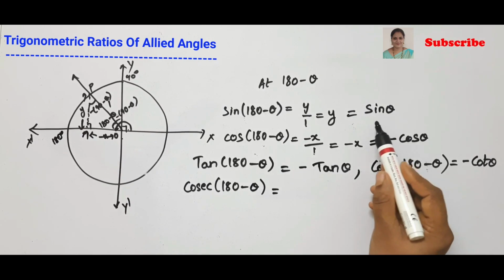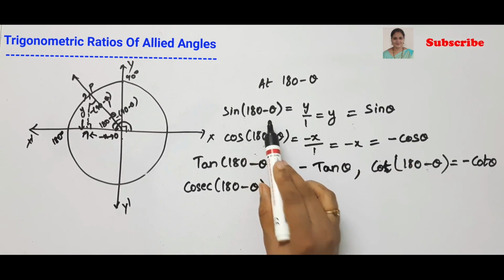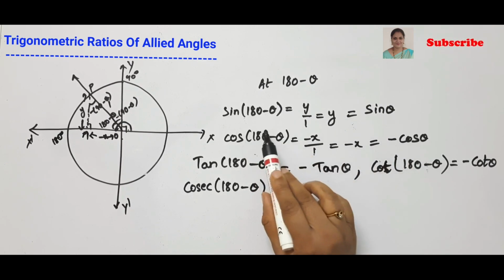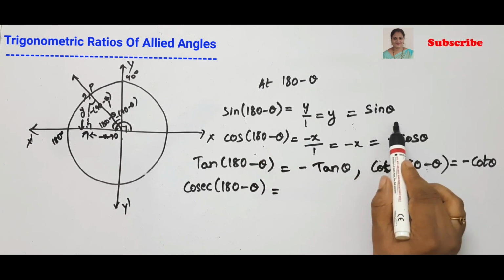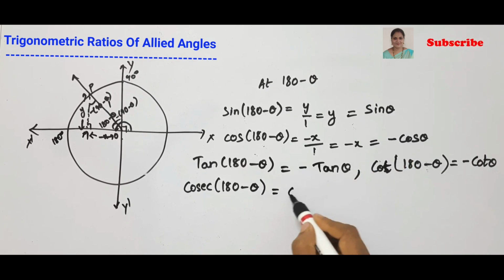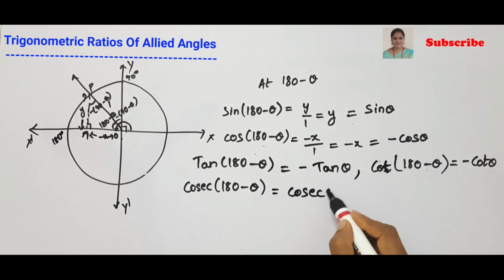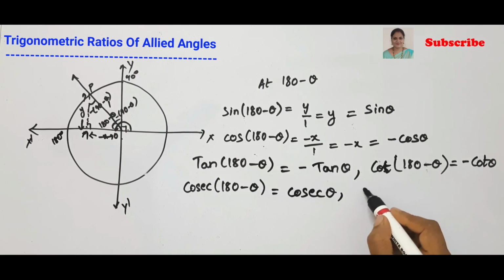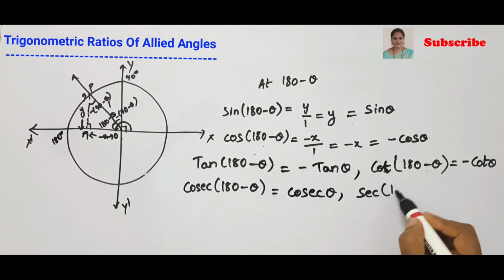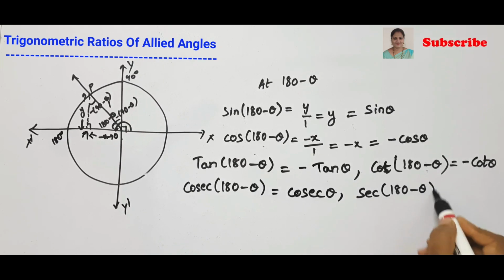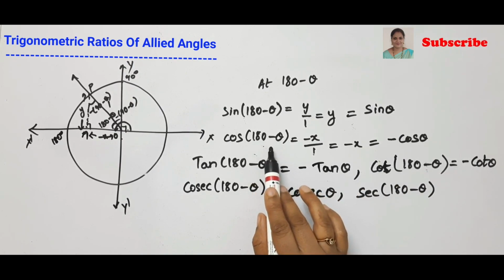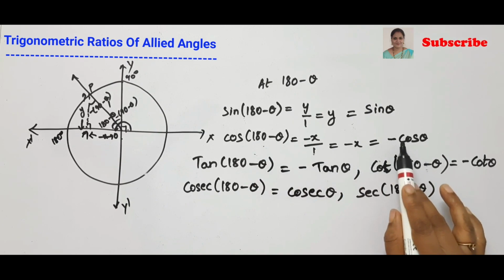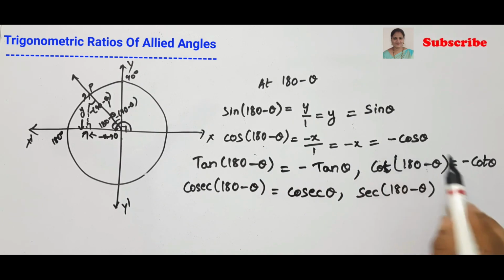So 1 by sin of 180 minus theta means it is 1 by sin theta. 1 by sin theta means it is cosecant theta. Next, secant 180 minus theta. Secant 180 minus theta means it is 1 by cos 180 minus theta. 1 by cos 180 minus theta means it is 1 by minus cos theta. So this is equal to minus secant theta.